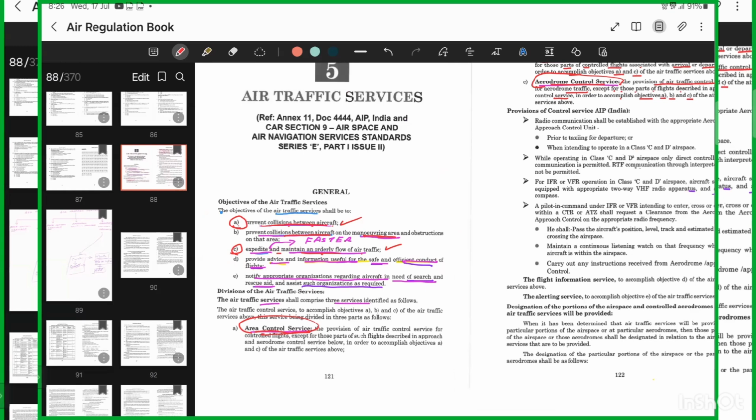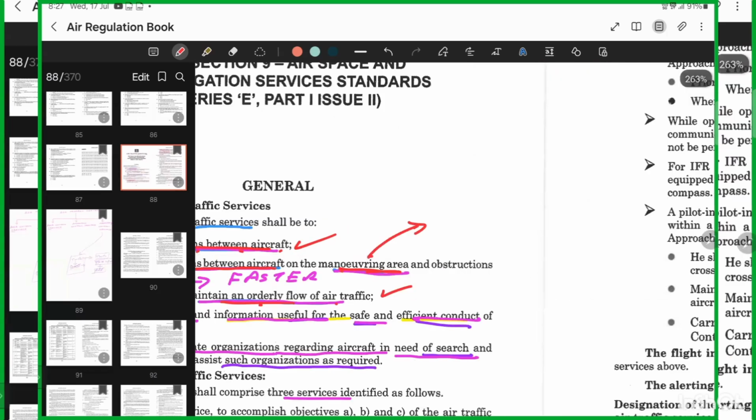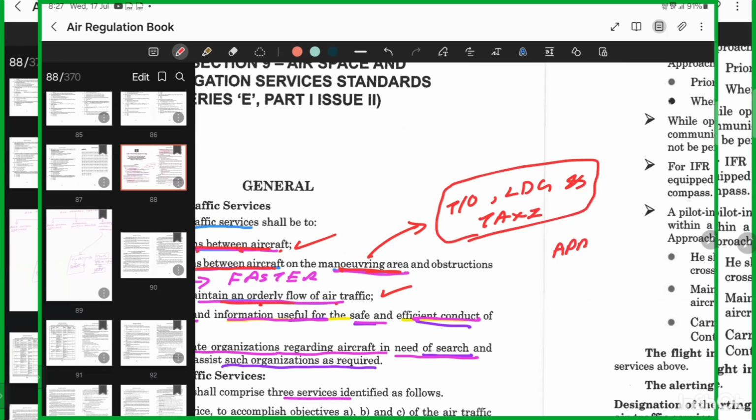What is the difference between movement area and maneuvering area? Take out your notes and check. Last lecture we did the difference between maneuvering area and movement area. Now read and tell me. Maneuvering area is the part of the aerodrome to be used for takeoff, landing, and taxiing of aircraft, except aprons.